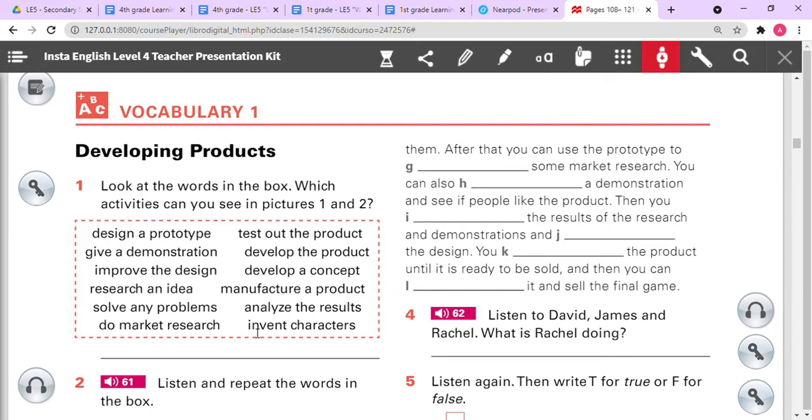Give a demonstration, to present to the public. This is going to be my product. Develop a product. Develop means desarrollar. Improve the design, improve, mejorarlo.